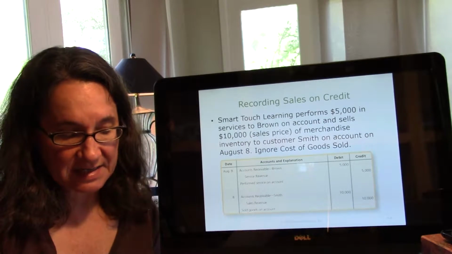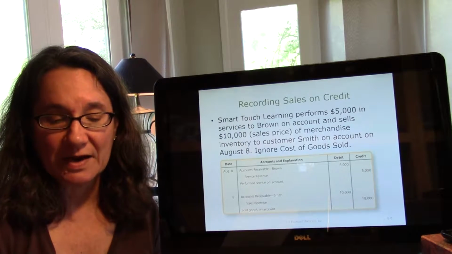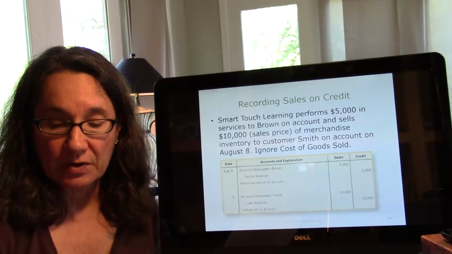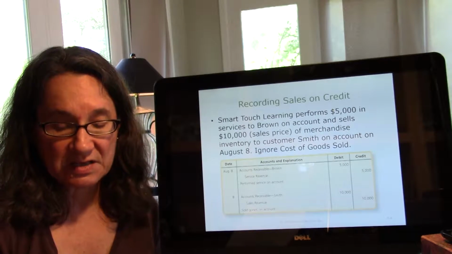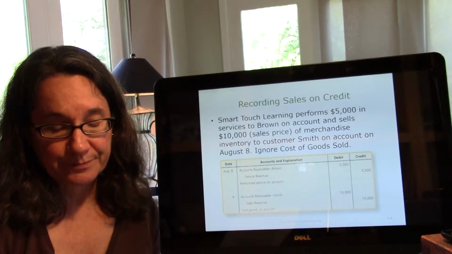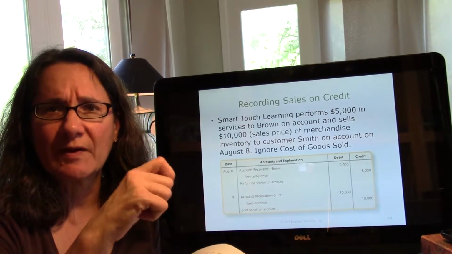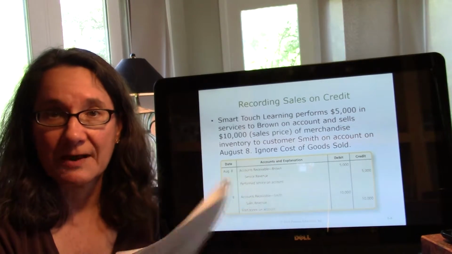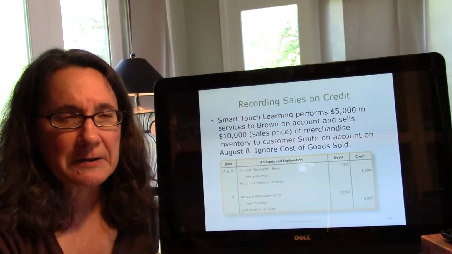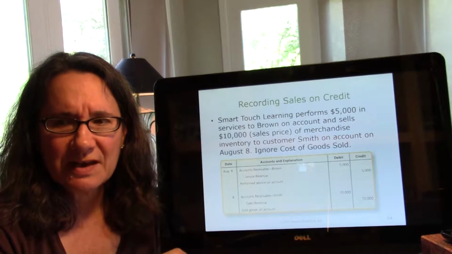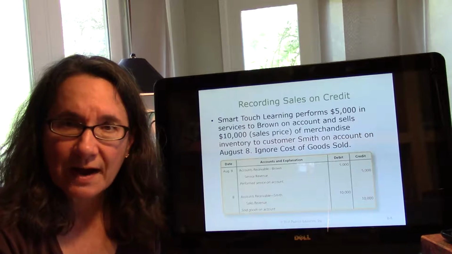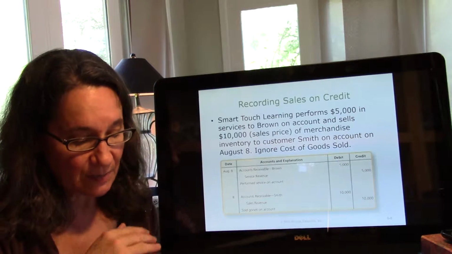Businesses must maintain a separate accounts receivable account for each customer in order to account for payments received from the customer and amounts still owed. So up till now we've just been writing accounts receivable, right? But when you really think about it, wouldn't you have to keep them all separate? Because you have to keep track of who's paid you how much, right? So you keep them separate.